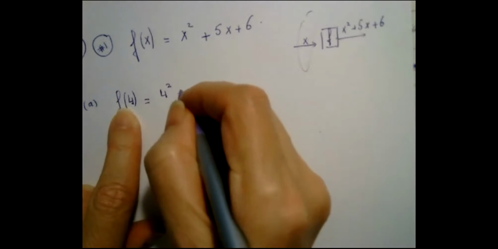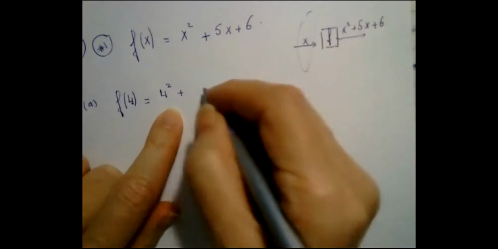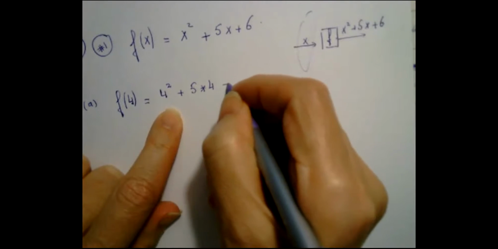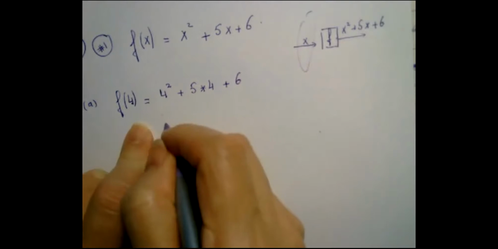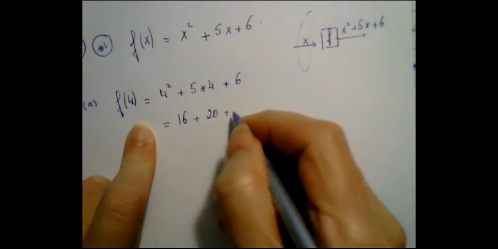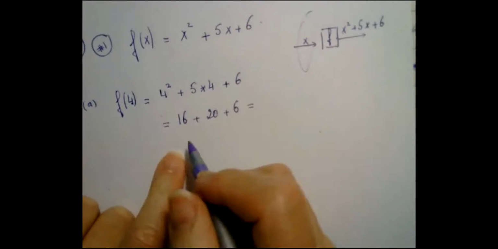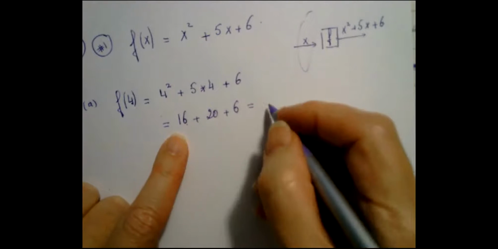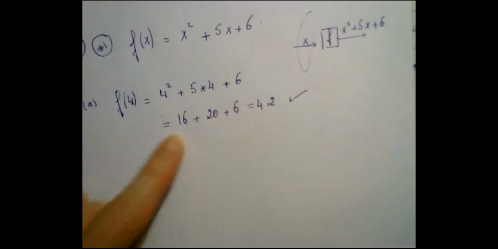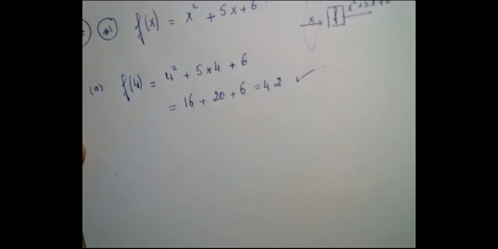It squares the 4, then it does 5 times 4 plus 6. So it's 16 plus 20 plus 6. If we add those, this gives me 42. Okay, so these are the basic questions that I'm sure all of you can do.